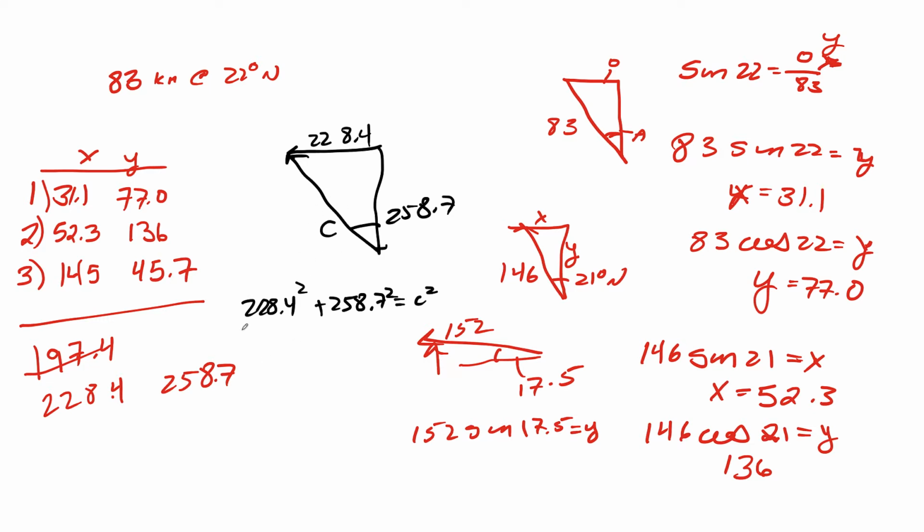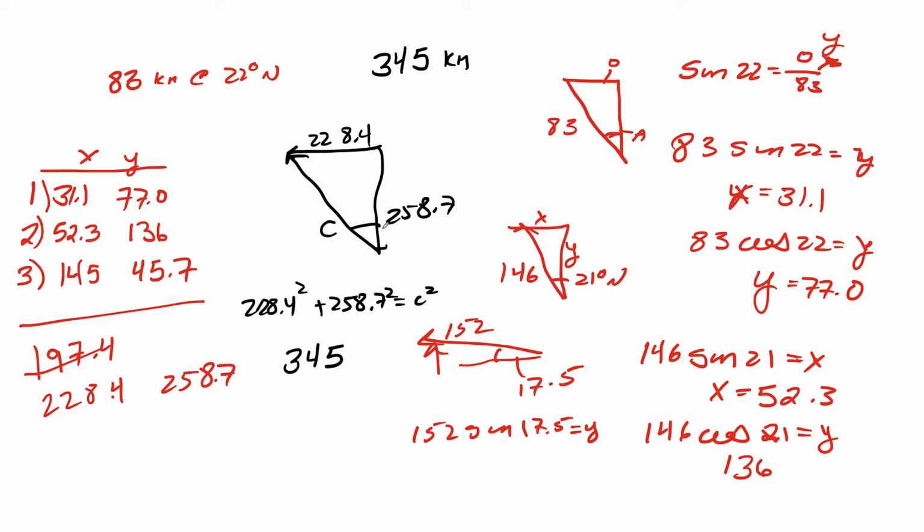If I take the square root of these two numbers, I'm going to get 345.0. So my distance, my displacement, is 345 kilometers.